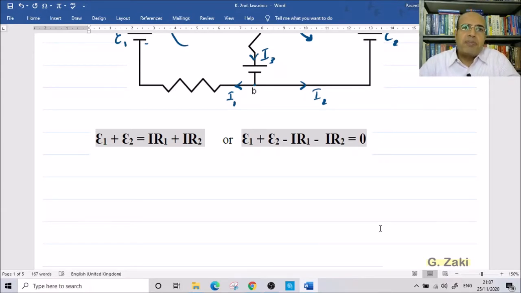Let us talk about EMF and potential difference as energy transferred per unit charge.